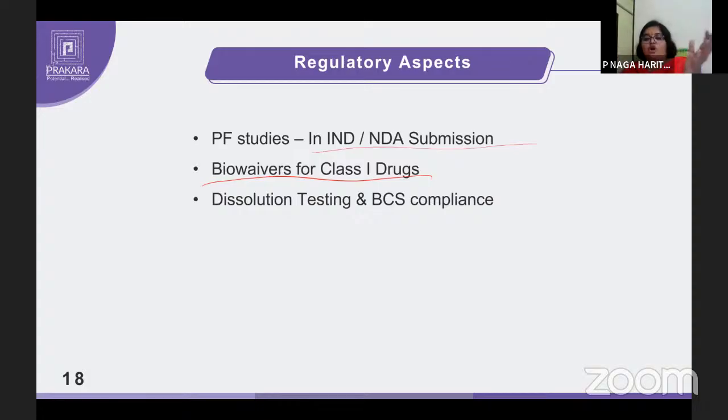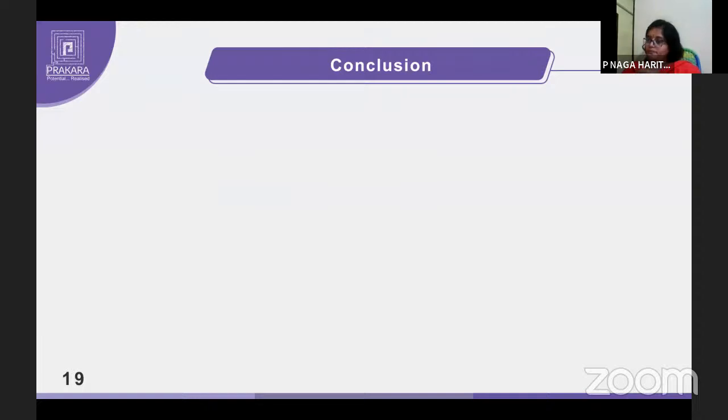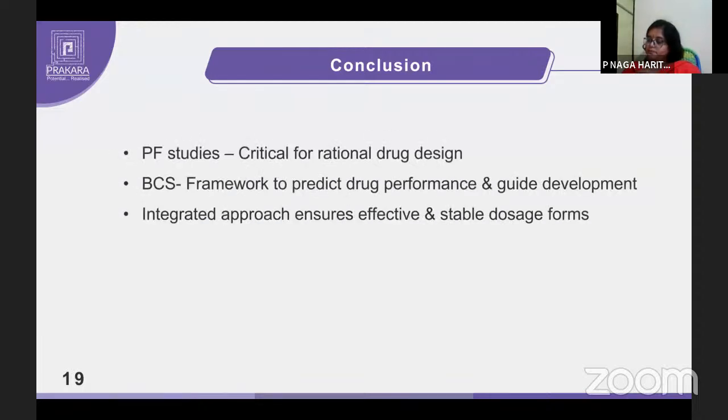Okay, so in short, if we need to summarize, the pre-formulation studies form the backbone of drug development by characterizing the drug's properties, ensuring stability, and helping in the formulation design. Whereas the BCS classification provides a framework for predicting drug performance and optimizing formulation strategies.